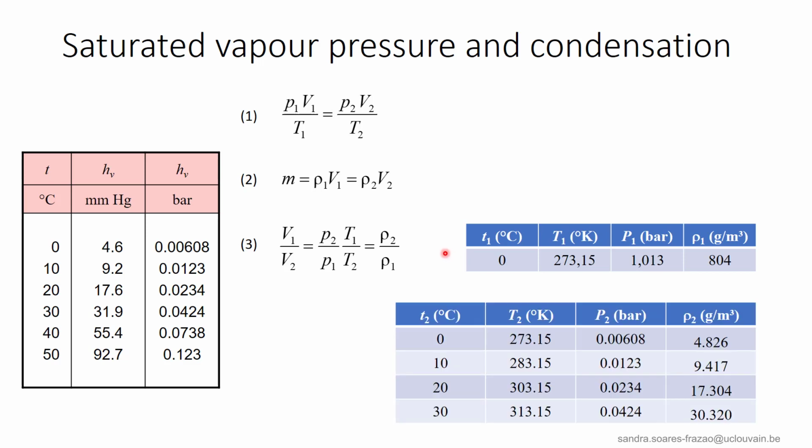The results of equation 3 are indicated in the table here. We can see that at 20 degrees, for example, the mass of water under the form of vapor is more than 3 times the same mass at 0 degrees.